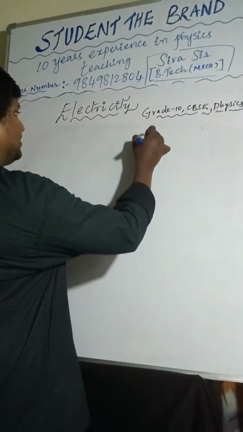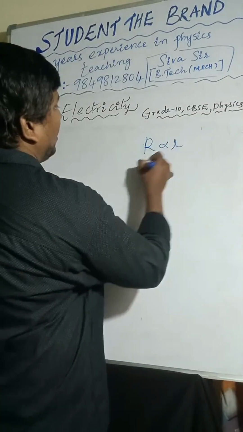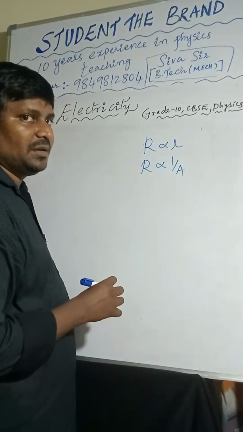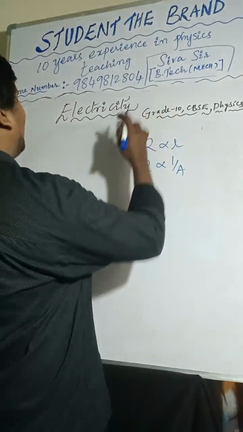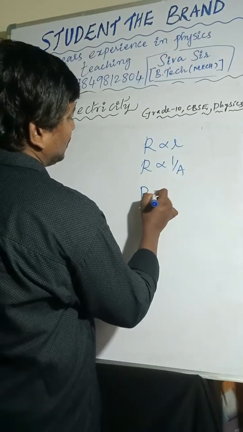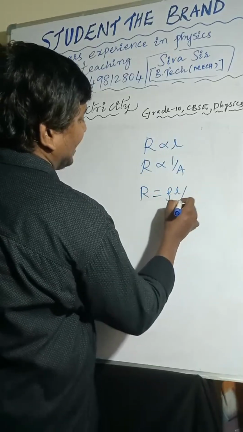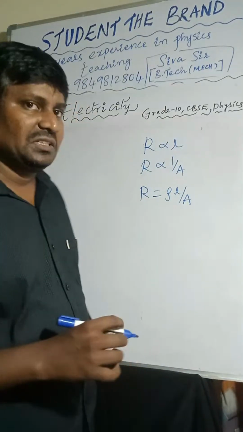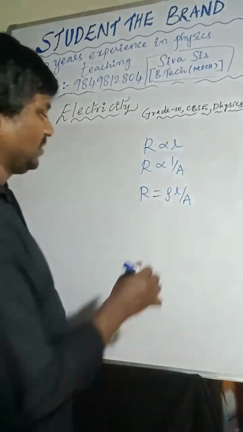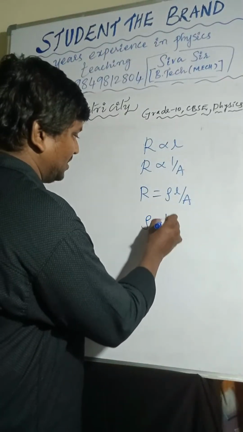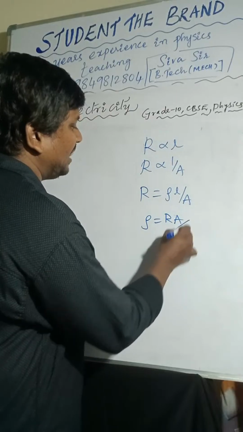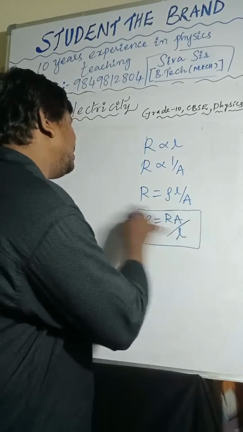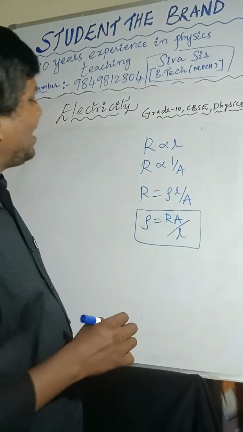So R is directly proportional to L, and R is inversely proportional to A. So R equals rho into L by A, and rho equals RA by L.